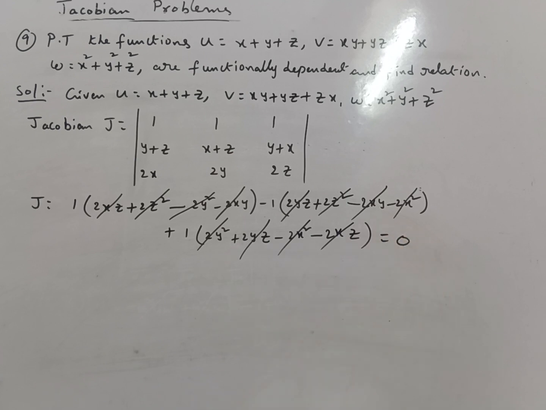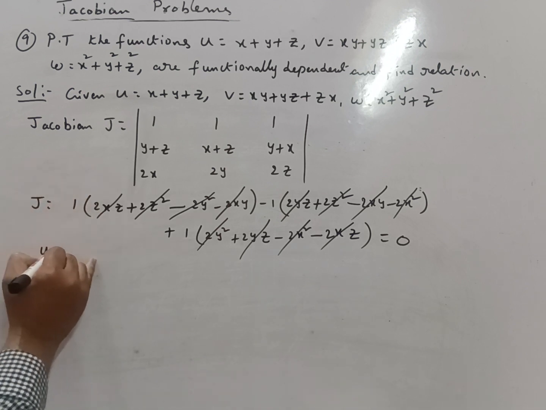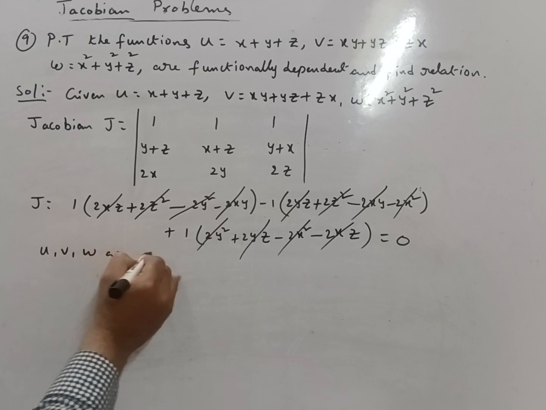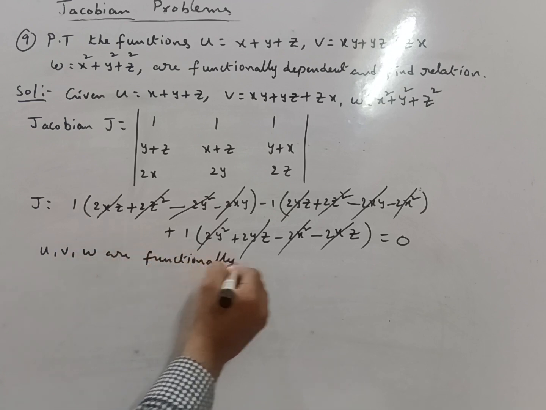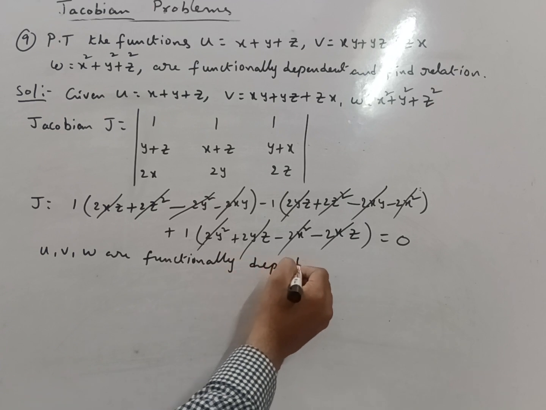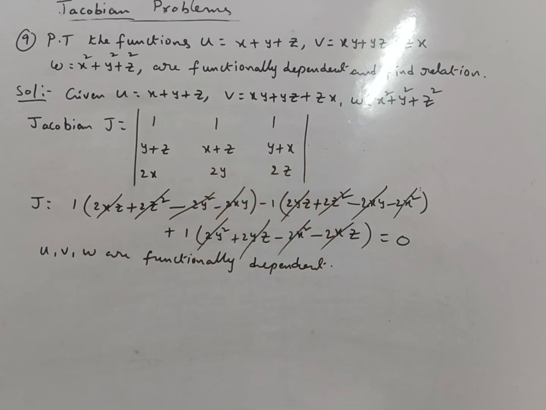So this is equal to 0. Got 0. Therefore, if the Jacobian of given functions is 0, then u, v, w are functionally dependent.